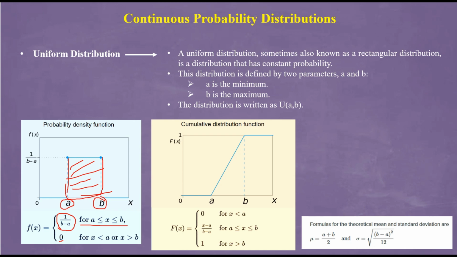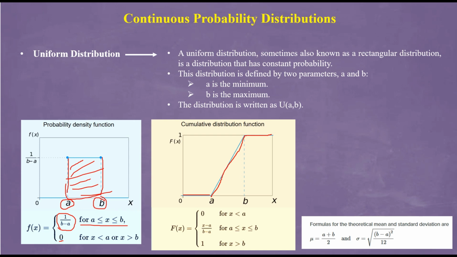The cumulative distribution function for uniform distribution is like this: from 0 to A, it has no probability, that is 0. Then at B, it has certain probability 1, so that's why this straight line.